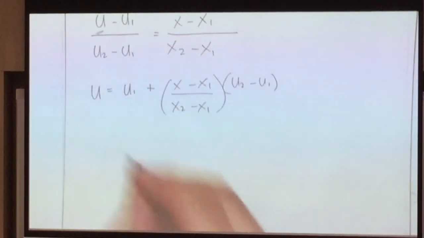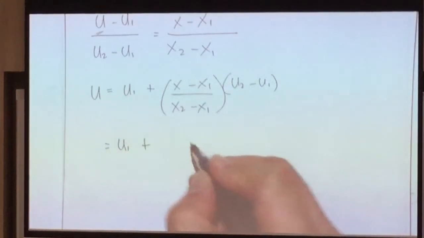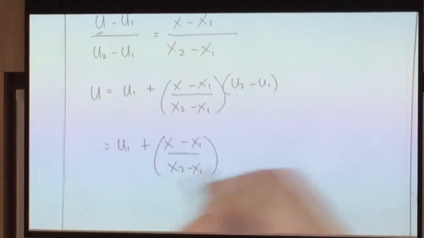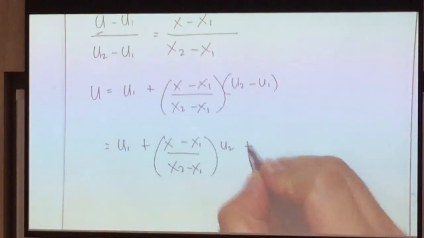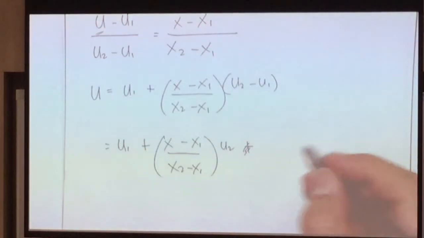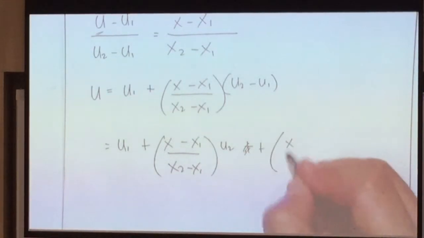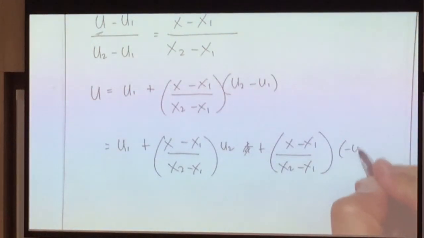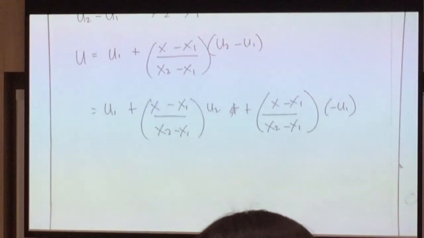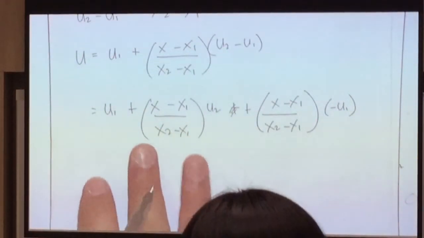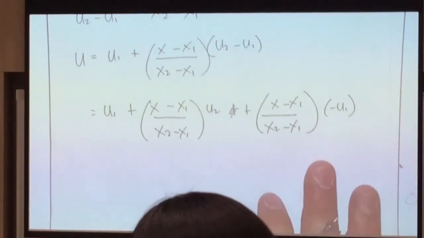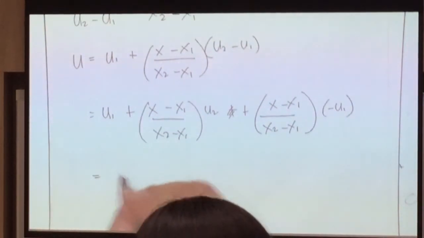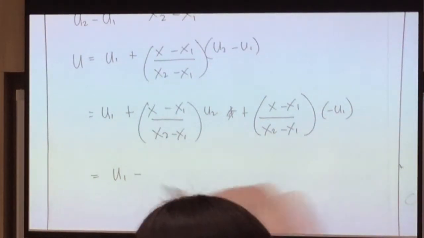So in this case, you have u1 plus x minus x1 over x2 minus x1 multiplied by u2, and then plus x minus x1, this is minus u1. So you want to arrange it such that this u1 will be there, and then put it there, so that is minus that minus x.